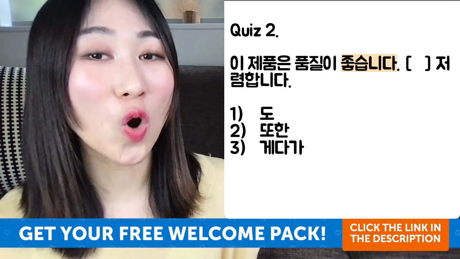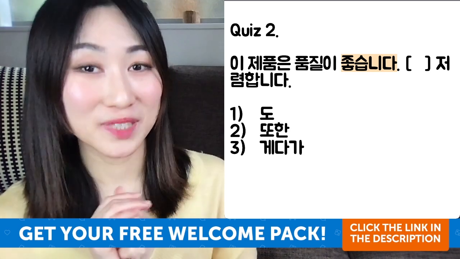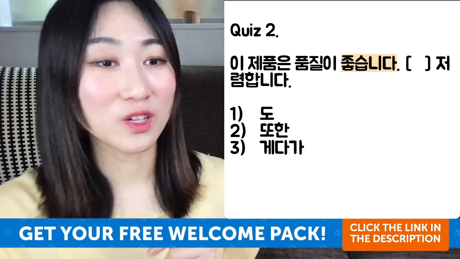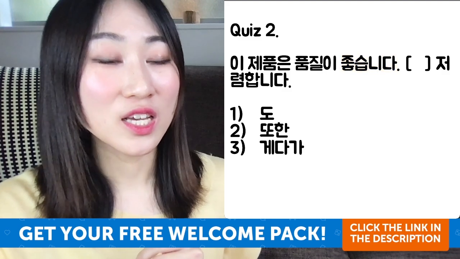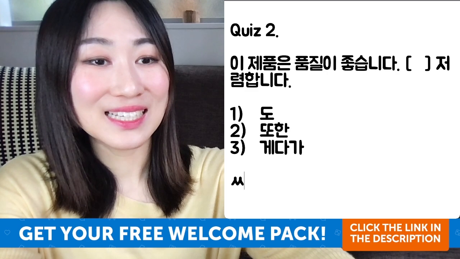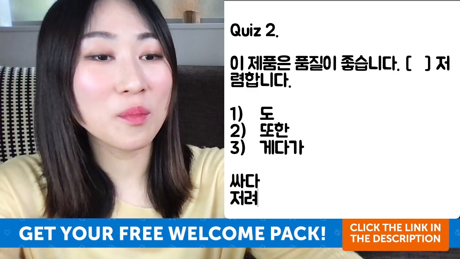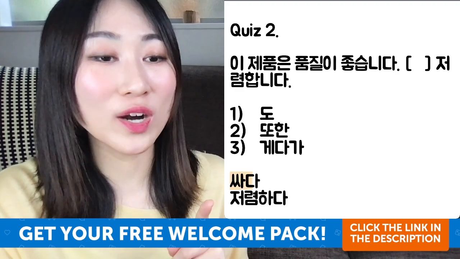And now I want to say also 저렴합니다. 저렴합니다 means cheap or inexpensive. Do you know another way to say cheap in Korean? That is 싸다. 저렴하다. So both mean cheap or inexpensive.